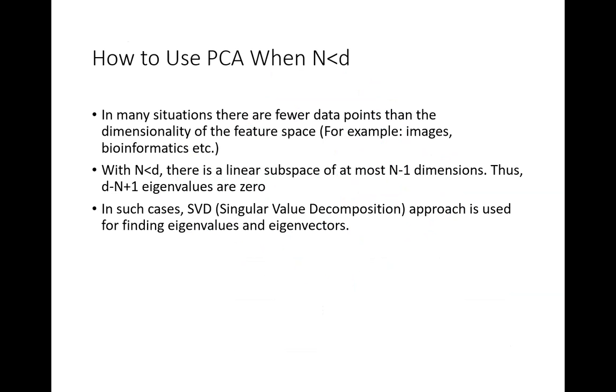Now, what we have shown so far is how to use PCA when capital N is less than D. What does it mean? Capital N is the number of data vectors or number of examples that you have for doing your PCA, and small d represents the size of the vector.